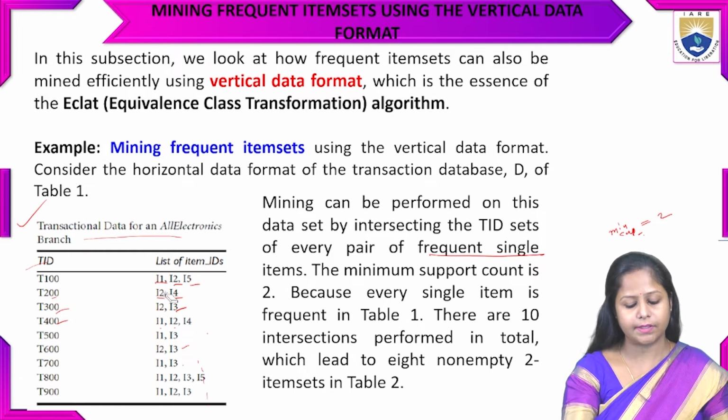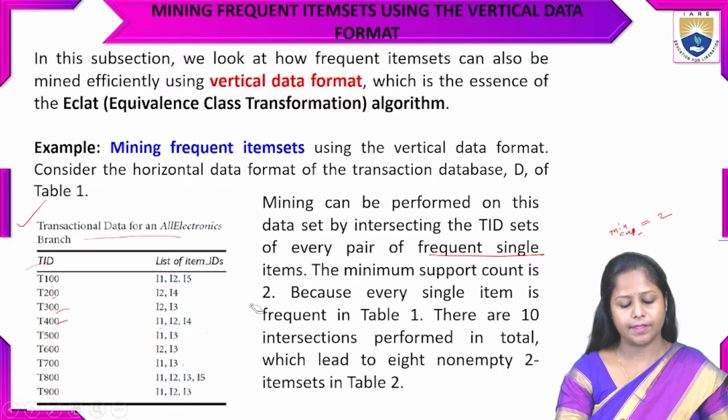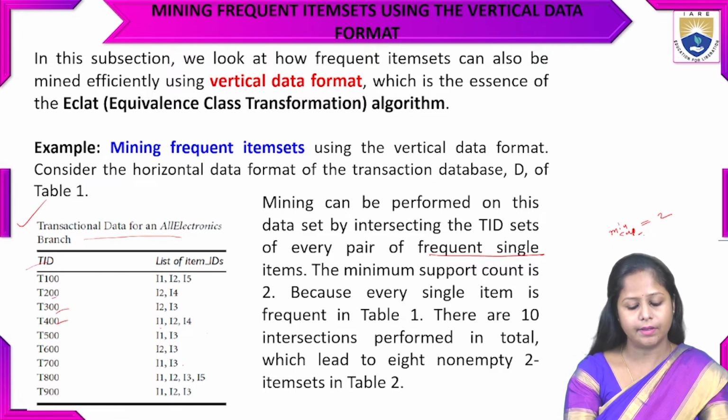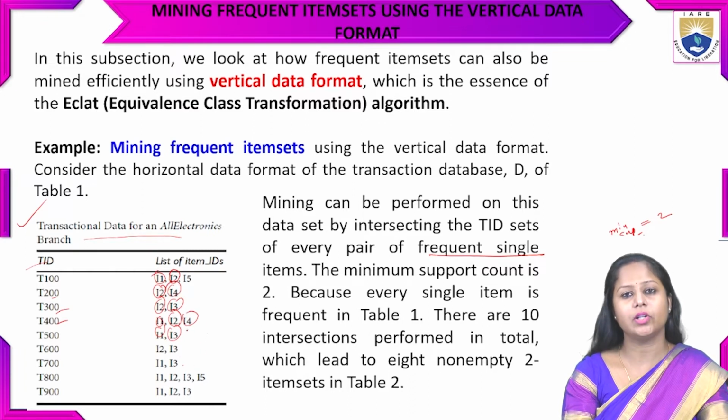So here we can see there are some frequent single items that are repeating. Here we can see the item I2 repeating many times. Here I1. These are repeating frequently. I3 is also repeating, and I4 is there, which is also a frequent item.